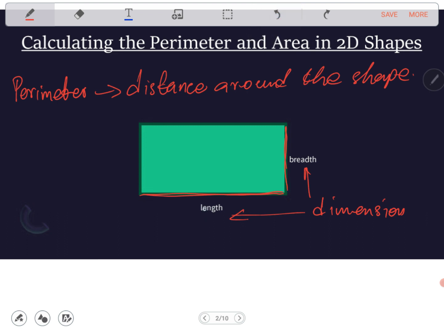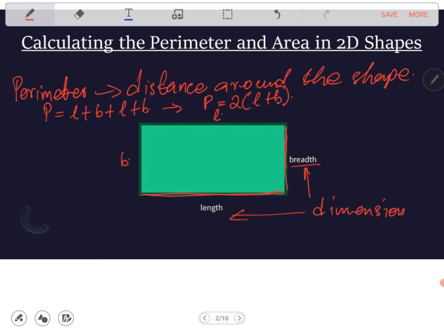We know that this is the length and it will be the length on that side as well. Here we have the breadth and we'll have the breadth on this side as well. So in other words, perimeter will be length plus breadth plus length plus breadth. So it will give us the distance around the shape. Or basically the perimeter will be 2 times the length plus the breadth.